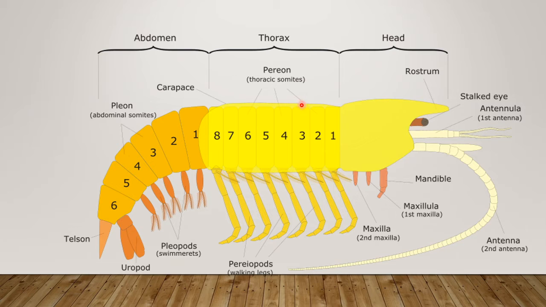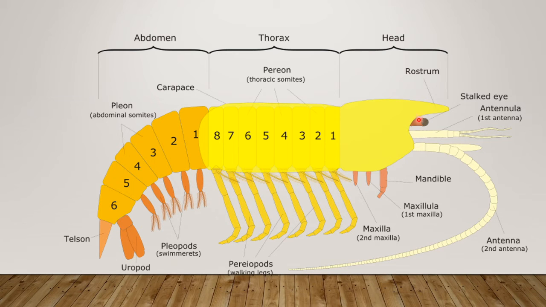So head and thorax together form a cephalothorax. The cephalothorax is covered by carapace. Then we have abdomen, 1, 2, 3, 4, 5, 6 abdominal segments. These abdominal segments are called abdominal somites or pleon, and the abdomen is terminated by a pointed telson.